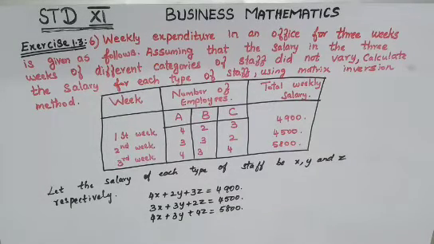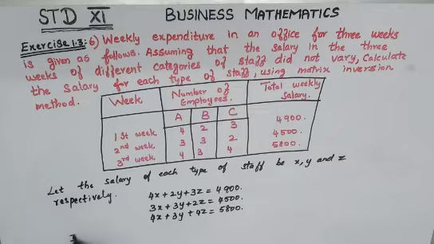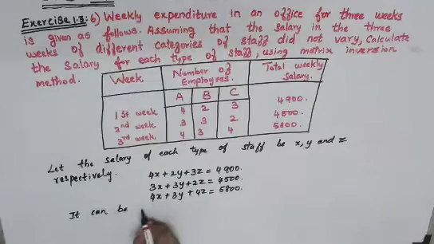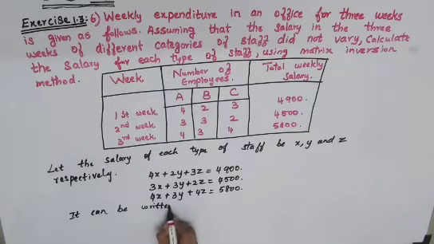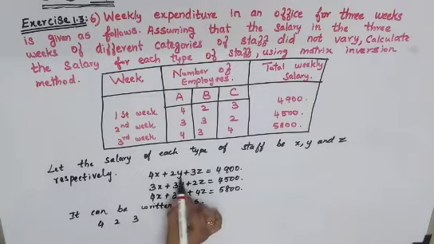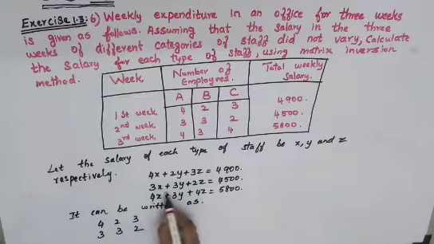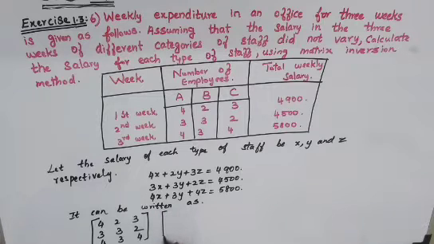Using these equations, we will have to form matrices first. It can be written as: 4, 2, 3, that is the coefficients of x, y and z; 3, 3, 2, coefficients of x, y and z; 4, 3, 4, again the coefficients of x, y and z for the third equation; into your variables x, y, z, equal to your constants 4900, 4500, 5800.